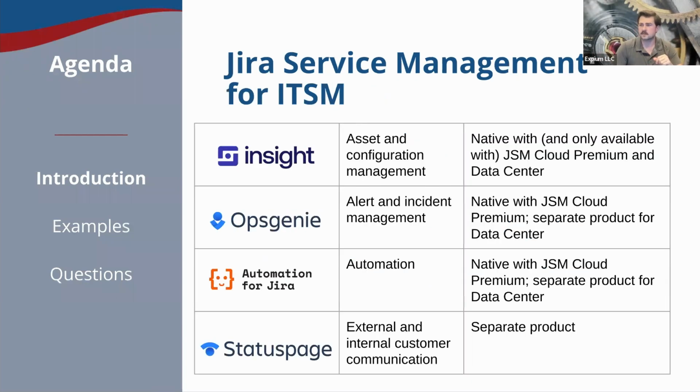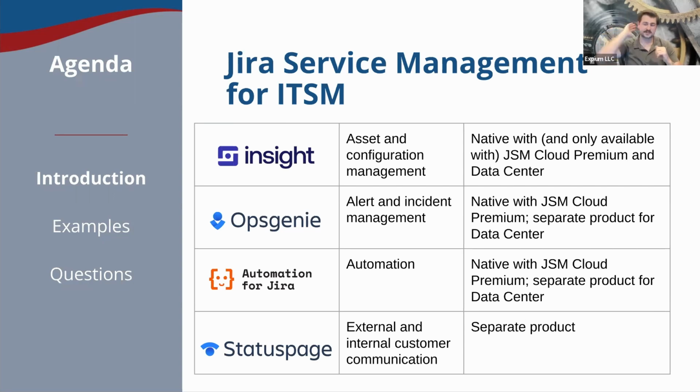Okay, so with the Jira Service Management for ITSM, we are going to get a product named Insight if you are on the premium version. This product has actually changed names within the last week or so. The new name for Insight is Assets, so we do need to update this slide.